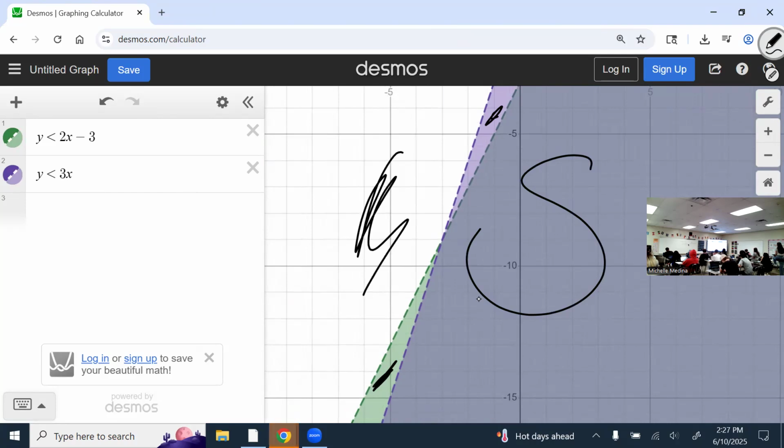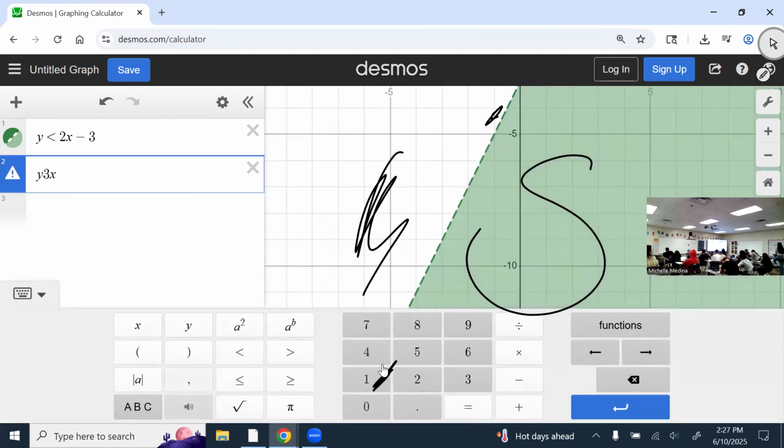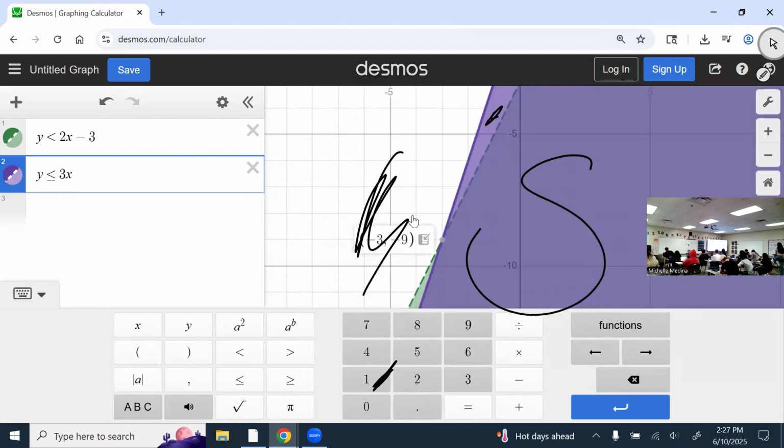And definitely not this. That's not even the shading. And if it's on a solid line touching the shaded area, then it can be a solution so long as it's not on the dashed line. So never on a dashed line. All right, questions?